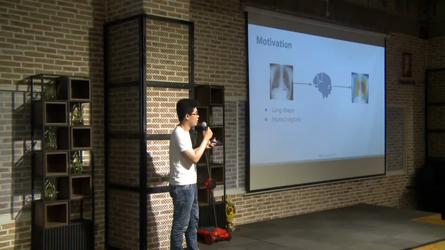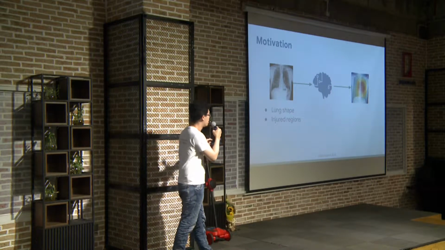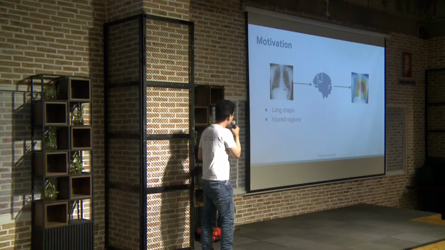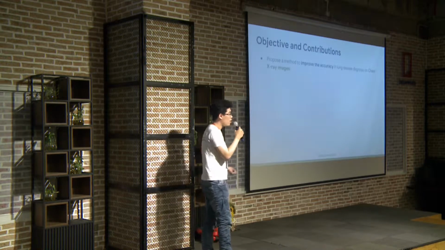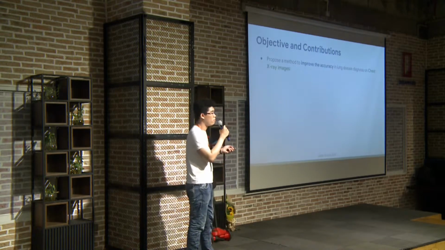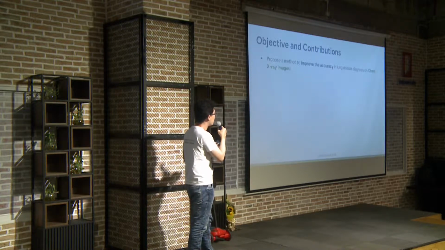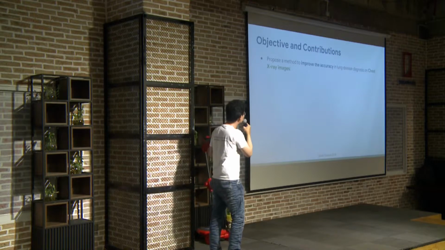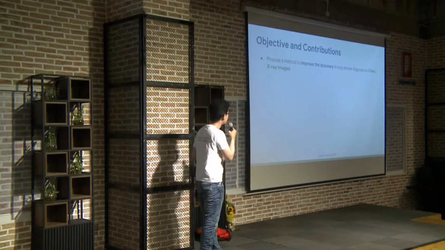With the development of AI nowadays, computers can help the doctor by giving useful information and help them give an accurate diagnosis result. So our project provides a method to improve the accuracy of chest lung disease diagnosis on chest ray images.